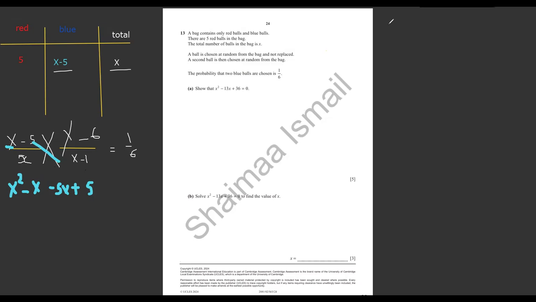Okay, and let's make the second one, X minus 6 multiplying by X. Here multiplying, it's not adding. Here we have to multiply, sorry.